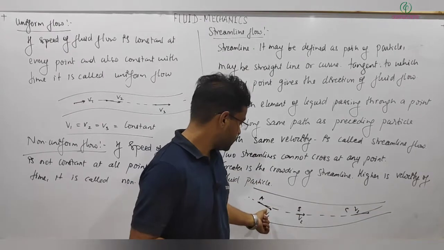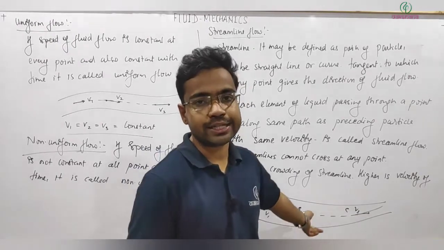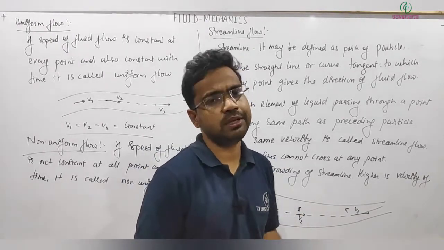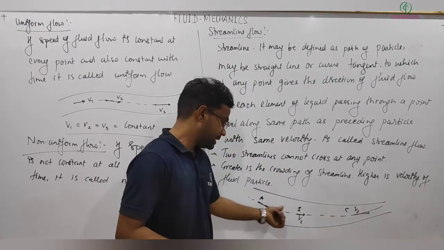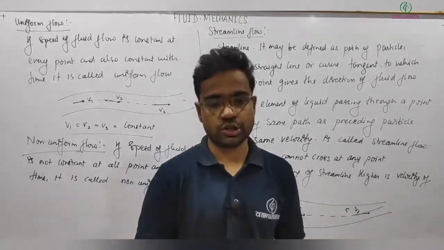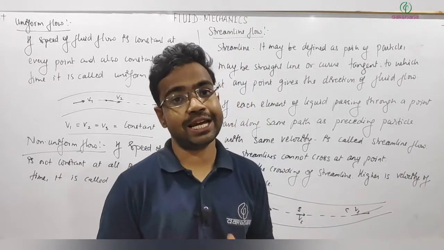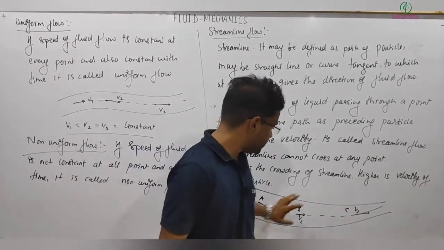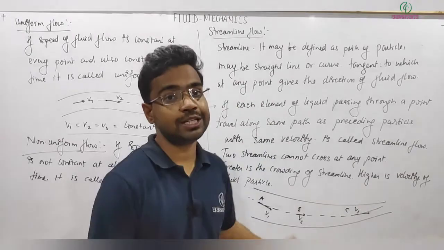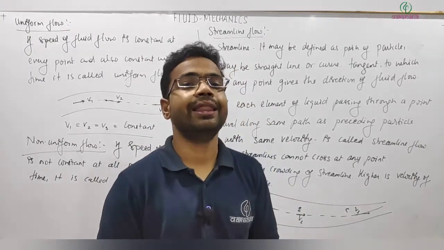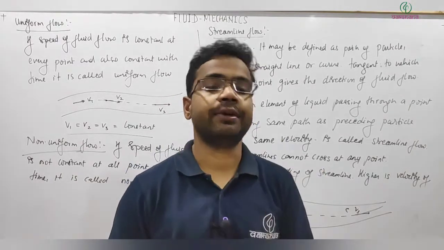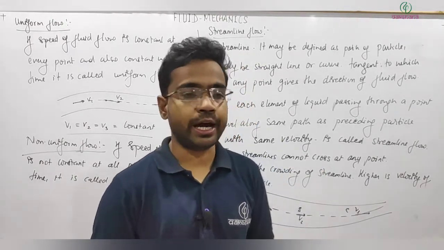The tangent to this streamline will give you the velocity of fluid flow. Another thing is that two streamlines do not cross or intersect, and at any point if the density of streamlines is higher, more crowded, that means at that point the velocity of fluid flow will be higher.